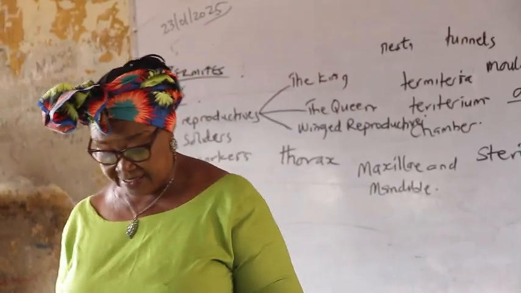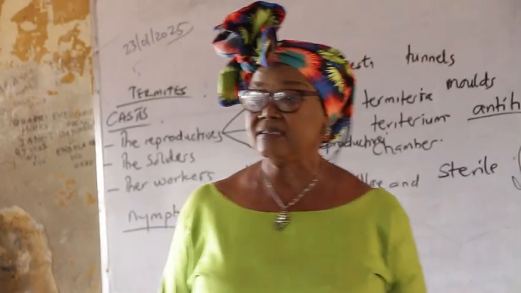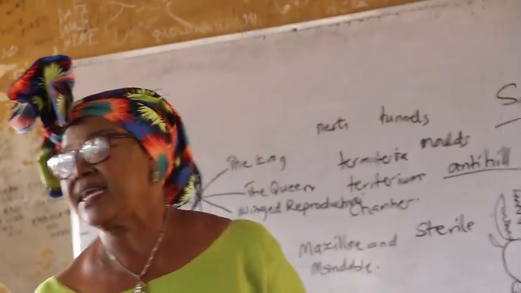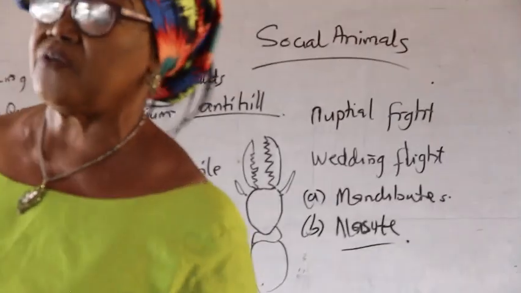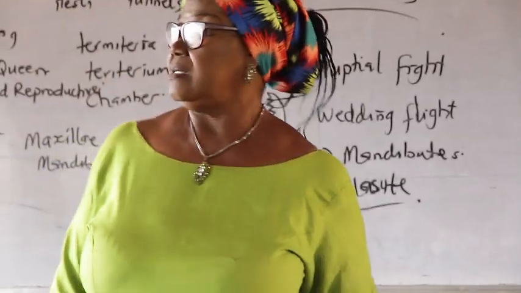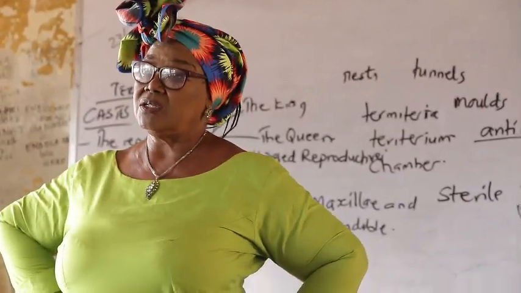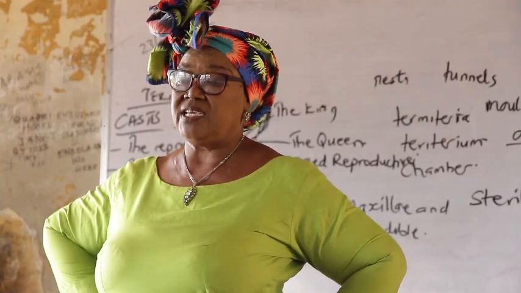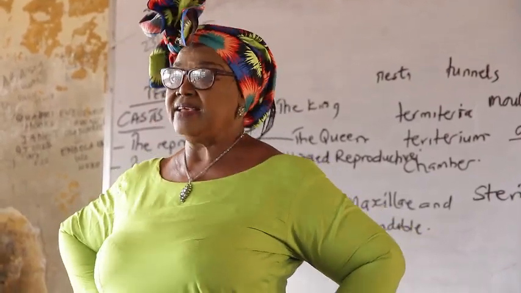Point number next. The clay, C-L-A-Y, obtained from the anthills, is used to build the surface of tennis courts, C-O-U-R-T-S, tennis, T-E-N-N-I-S.